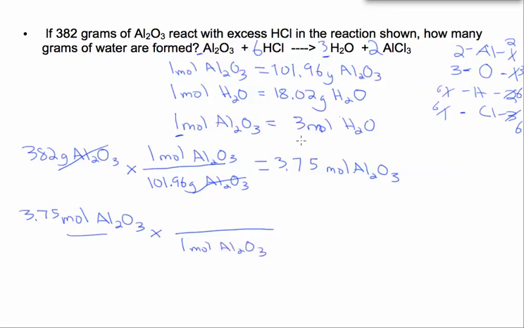And we want moles of H2O on top, so we have 3. Our moles of aluminum oxide cancel out. We get 11.2397 moles of H2O.